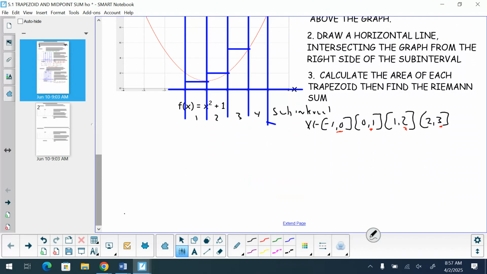And we don't need a picture to show us what side we're drawing it from, because with the right sum, we're using the height now as our function value at 0, 1, 2, and 3, the right-hand side of the subinterval.